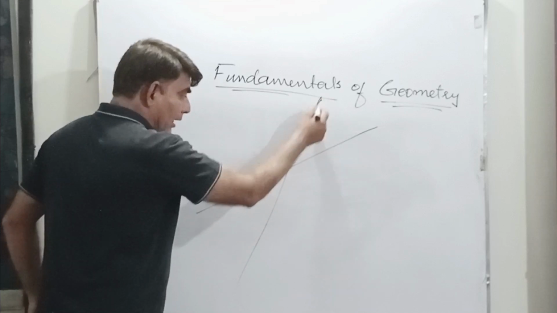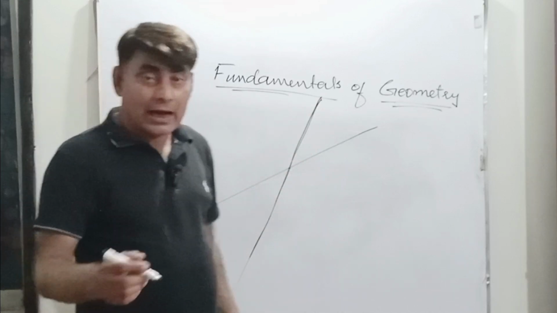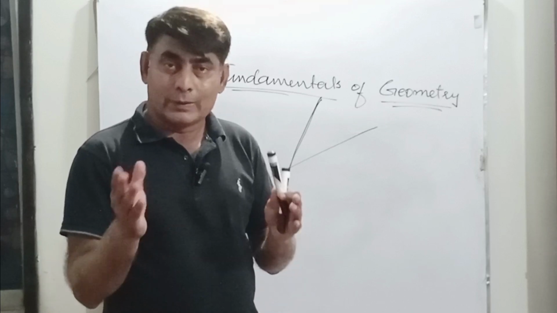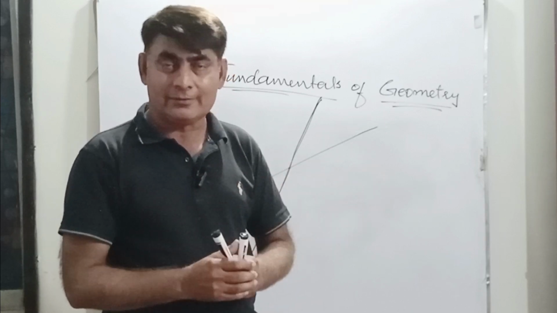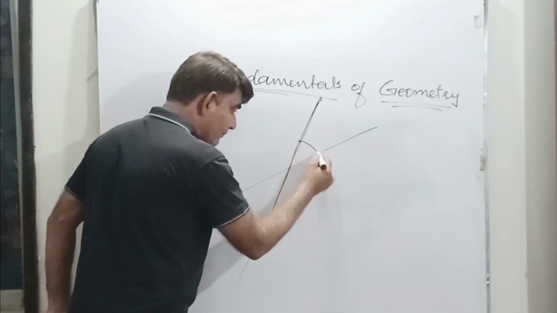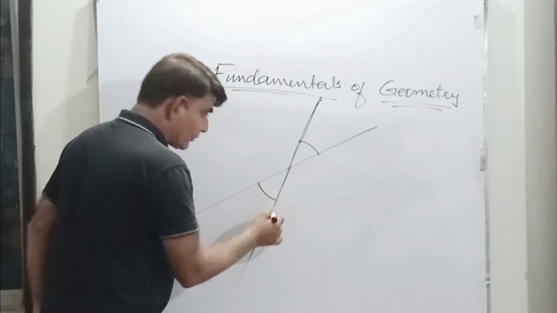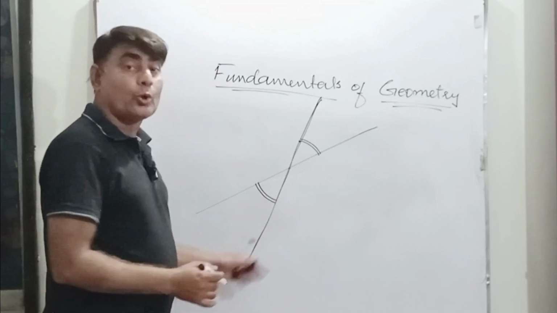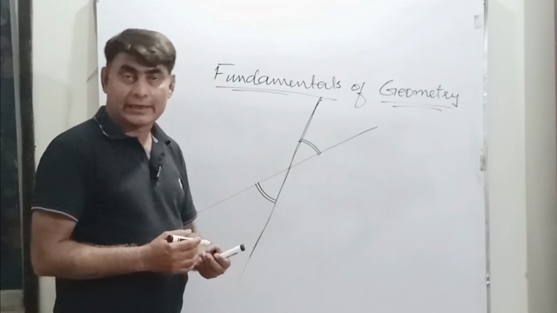An angle is the angular displacement with respect to the point of intersection between two intersecting lines. So this is an angle, this one an angle, and these two are equal and known as vertical opposite angles.